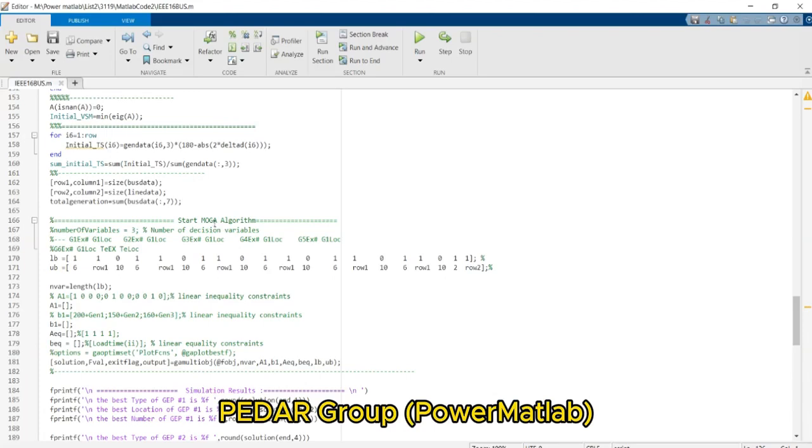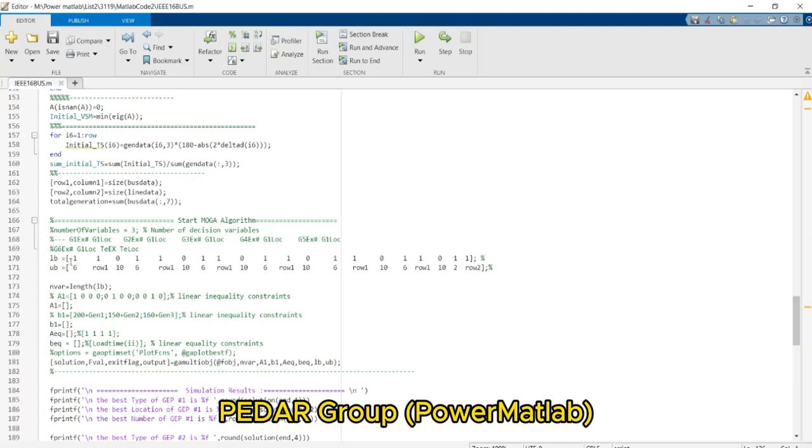Actually, in this study, we consider 6 plans of generation expansion planning and 1 plan of transmission expansion planning. However, as you can see here, the main question is: where is the best location, where is the best capacity, and where is the best type of expansion planning for generation and transmission.